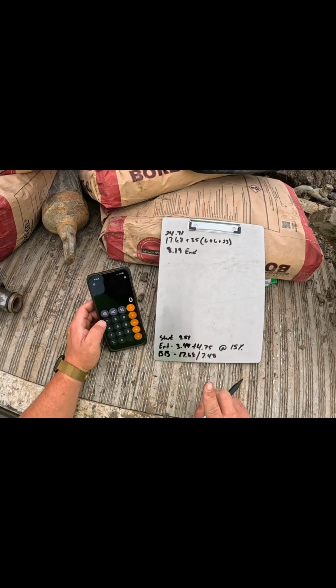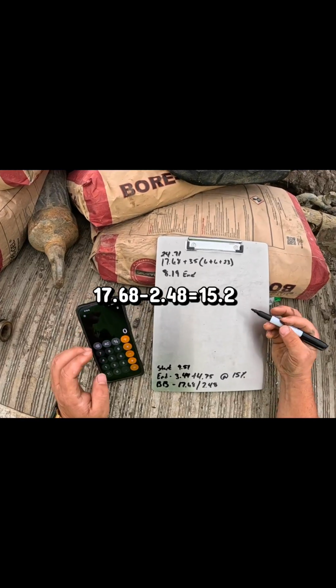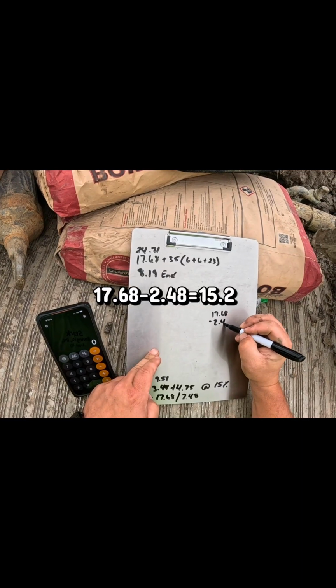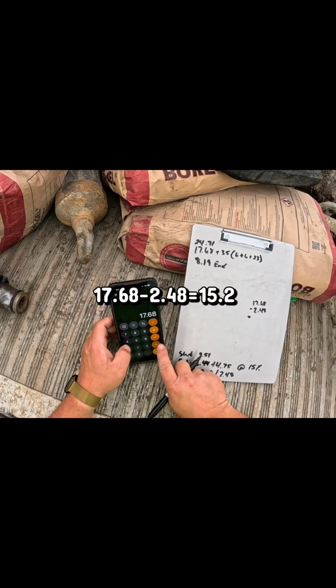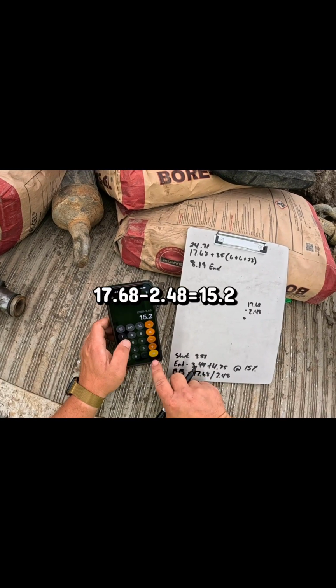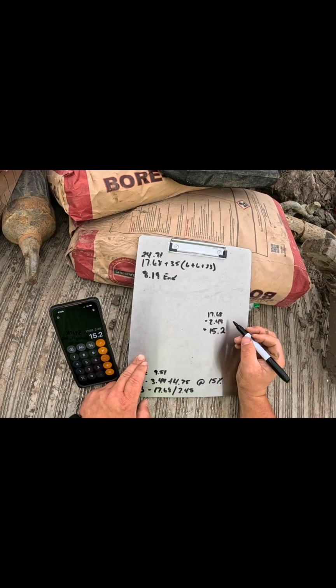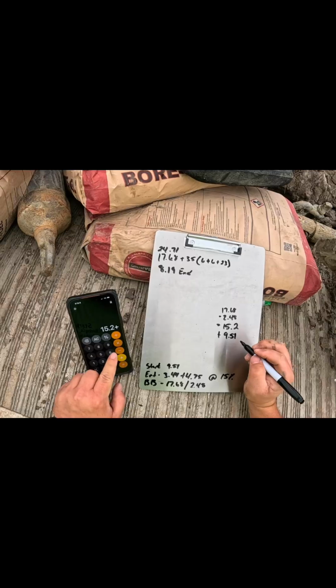So the way that we do this, to find the correlated elevation, is we take that 17.68 minus the 2.48 equals 15.2. Now take that 15.2 and add it to our start, so plus 9.51.